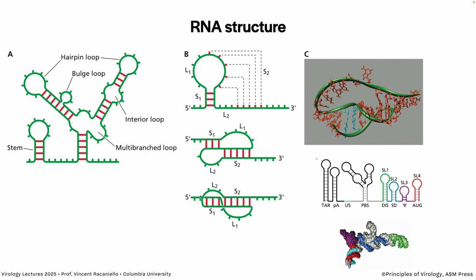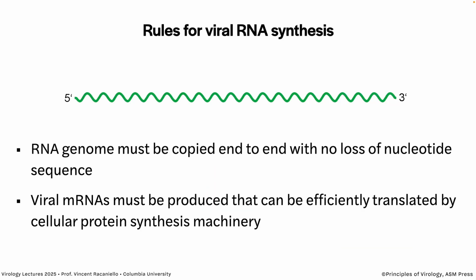So this is a stem loop where bases in the loop base pair additionally with bases downstream, and they form this configuration which, here's the three-dimensional structure of it. It looks like a knot, but it's not. So we call it a pseudoknot, all right? And here's just an example on the right. This is the leader sequence of HIV-1, many stem loops which form highly structured regions. And all of these are biologically important. They have a role to play in replication.